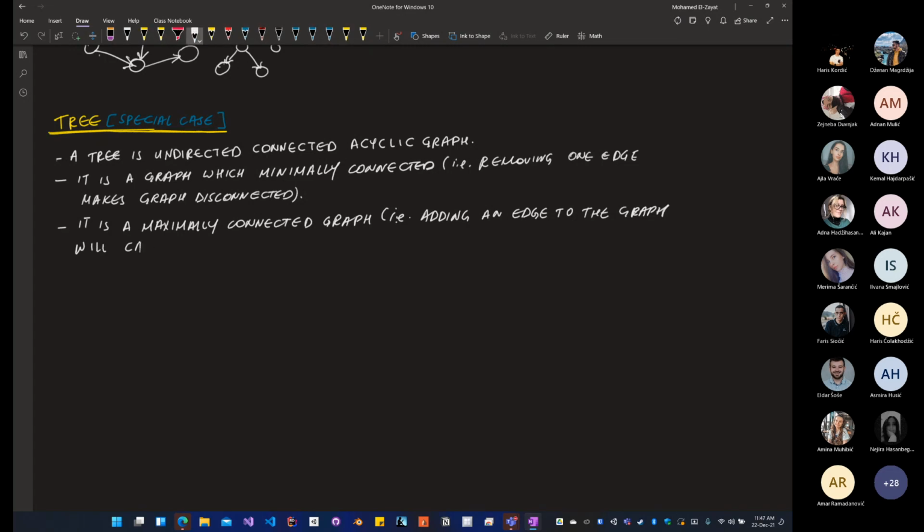Let me write this as at least one edge. So if you add at least one edge to the graph, it will cause a cycle. Okay. This is generally what a tree is, and usually it looks something like this.